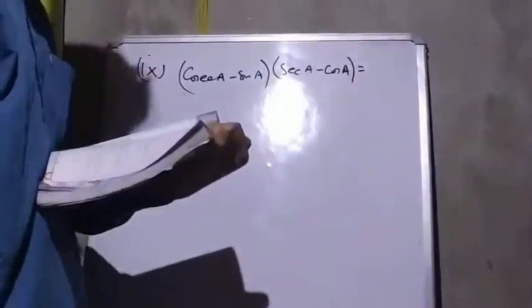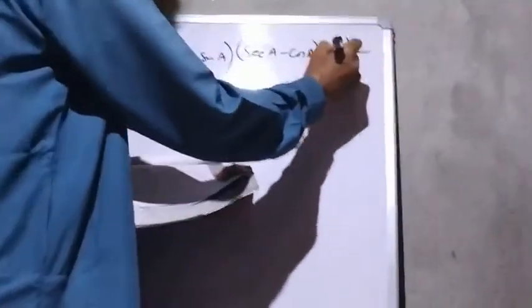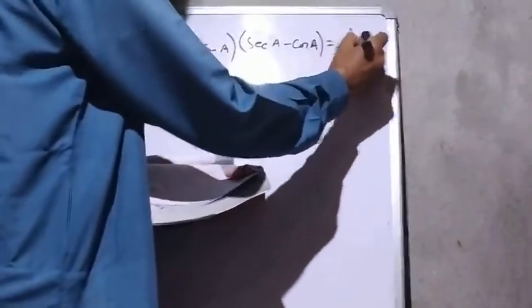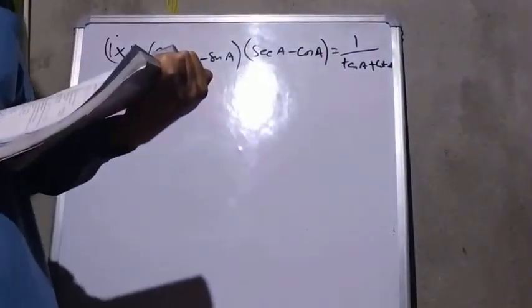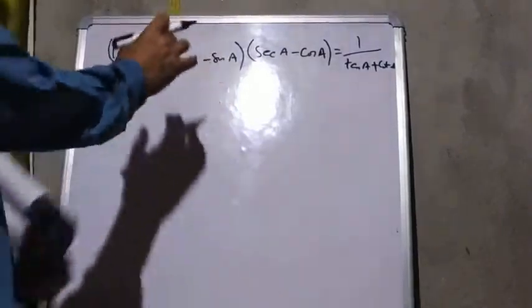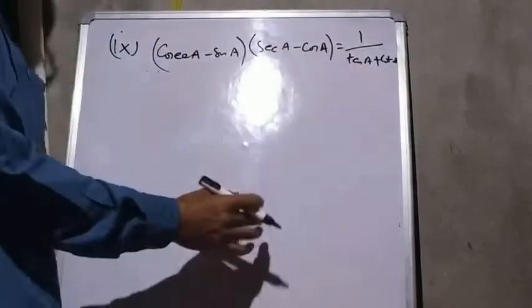This is equal to 1 divided by (tan A plus cot A).